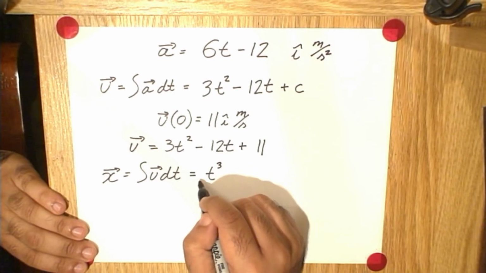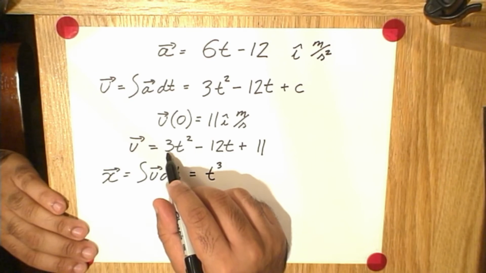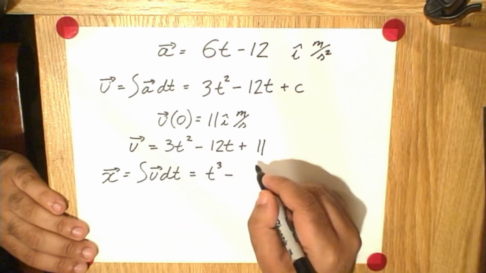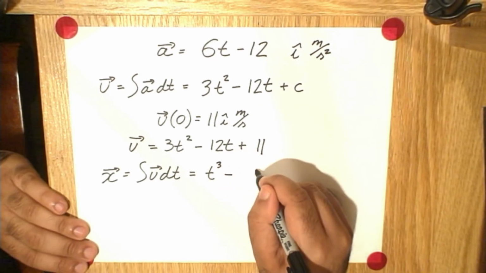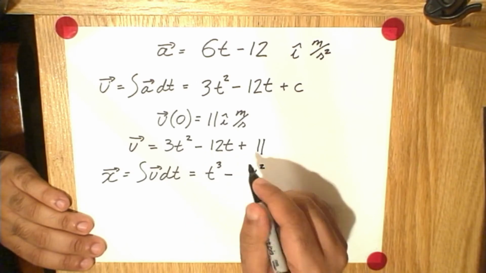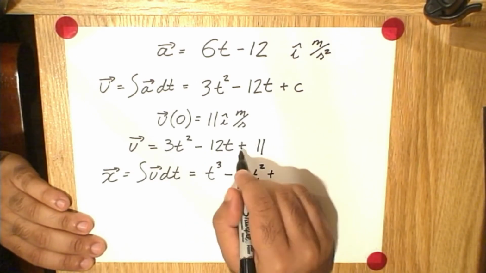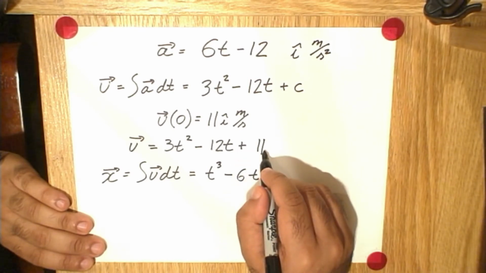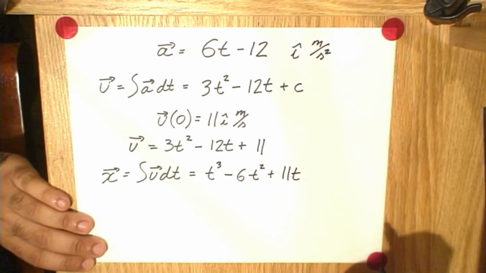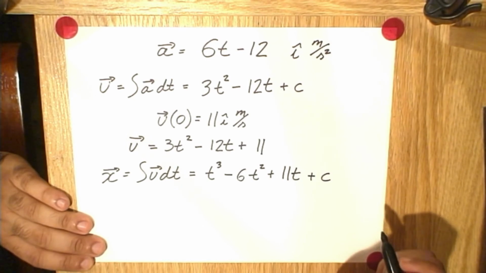So that's going to give us 1. So the antiderivative of 3t squared is t cubed. Minus. This t over here becomes a t squared, and we divide negative 12 by 2 to give us negative 6. Plus. The plus 11 is going to become an 11t. And finally, we add the plus c.